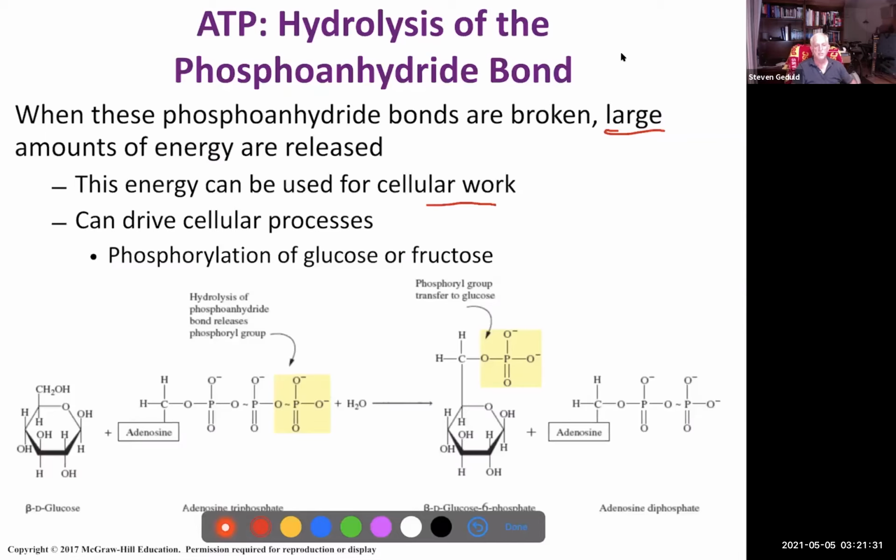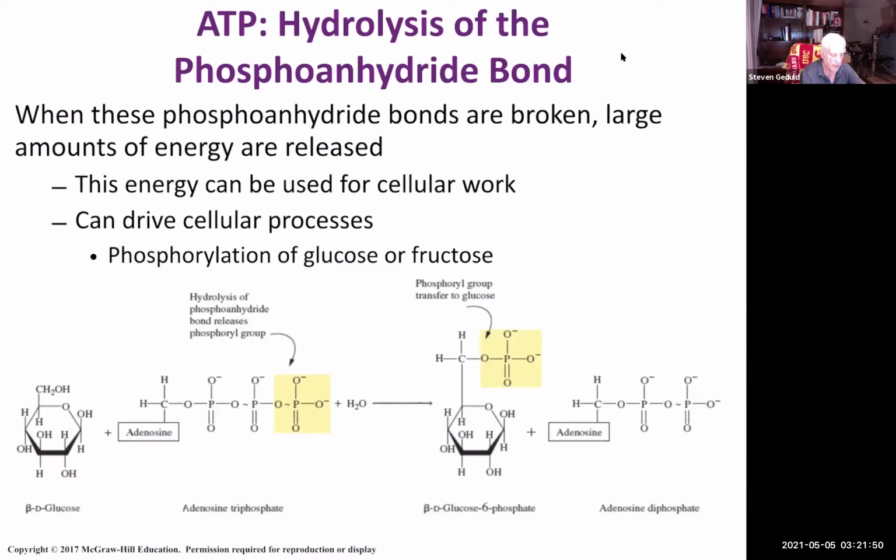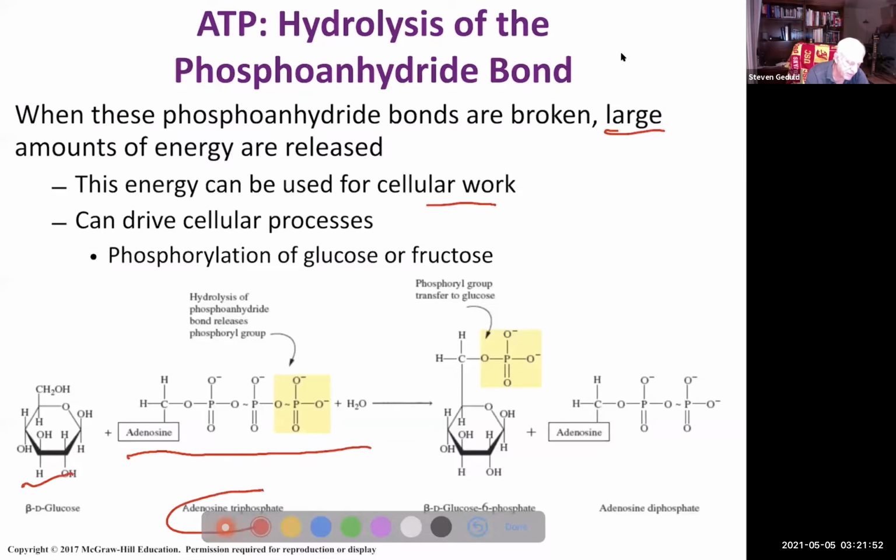All right. So we start with beta-D-glucose plus adenosine triphosphate plus water. You can hydrolyze that reaction. You have beta-D-glucose 6-phosphate.